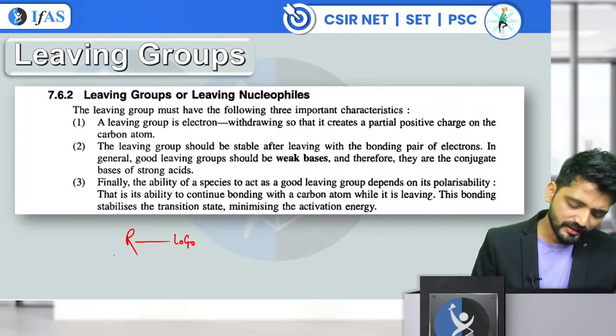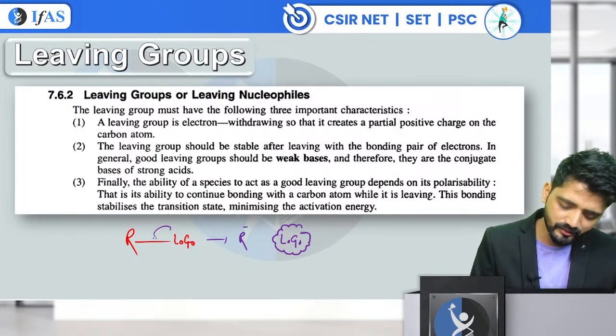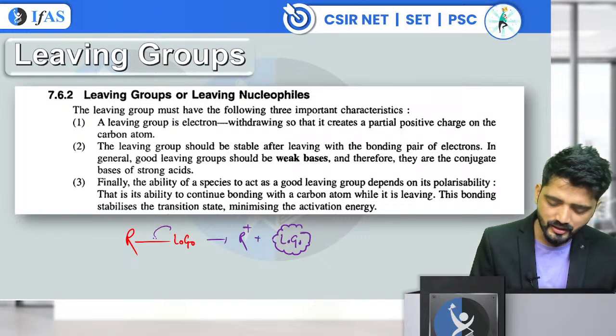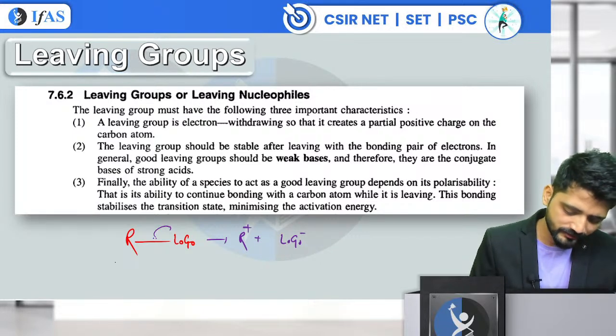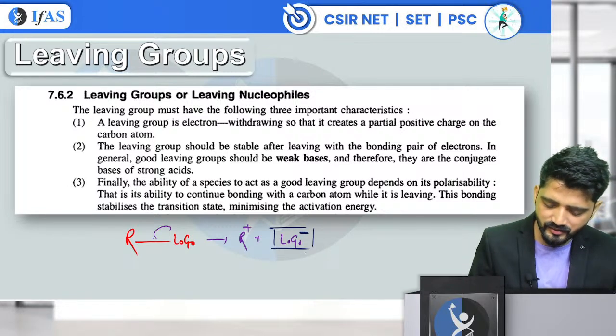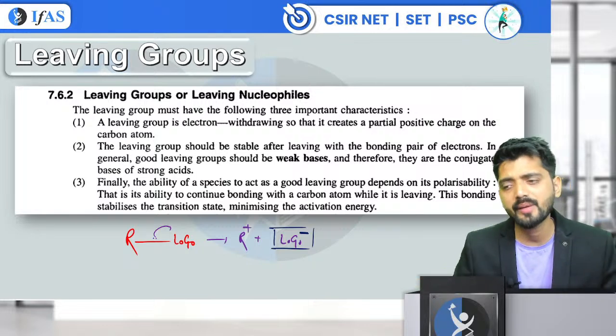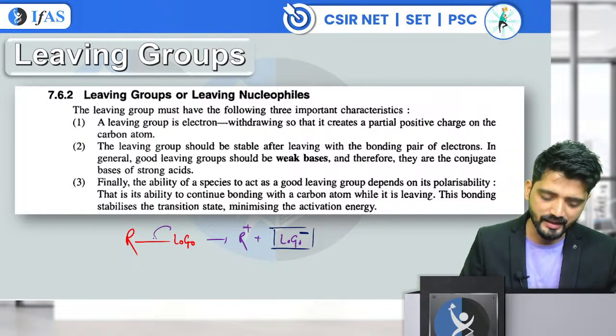Now, if any leaving group is eliminated, it generally takes a negative charge over itself, correct? And this carbon is going to get a positive charge. So if the anion which is eliminated, here Lg minus, is very stable, then we say that the leaving group ability of the group is very high.